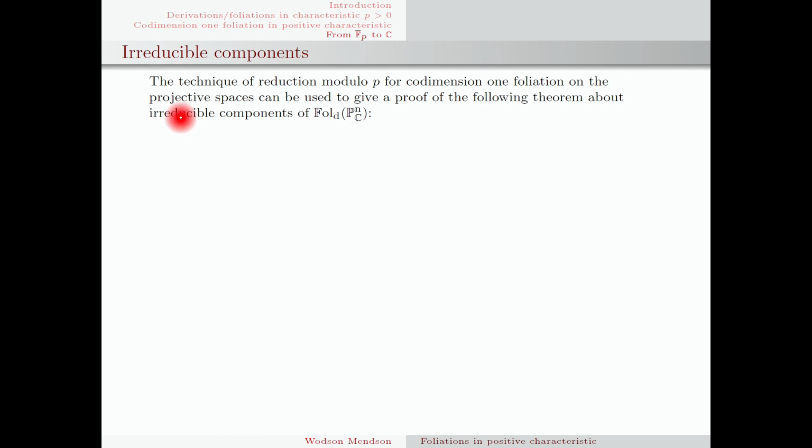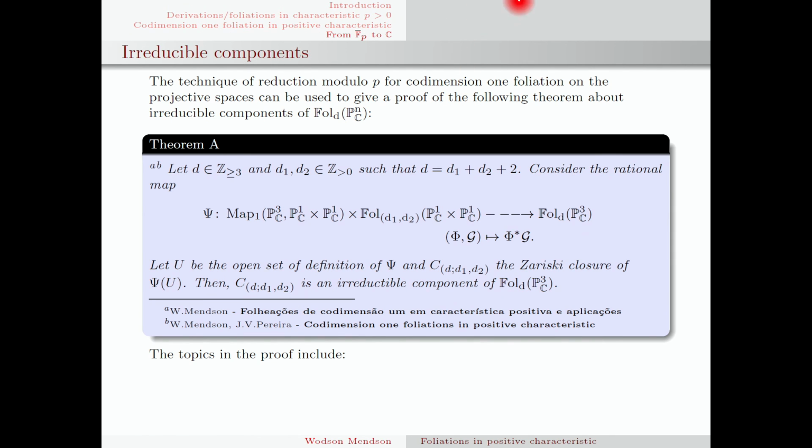And here is another result about the irreducible components that we proved in my thesis: this map defines an irreducible component of this space here. So you're looking for maps from P3 to P1 times P1 of degree 1. The coordinates are homogeneous polynomials of degree 1.